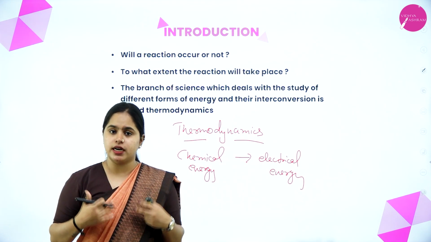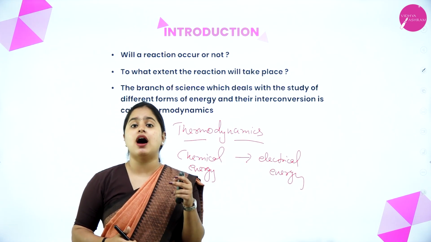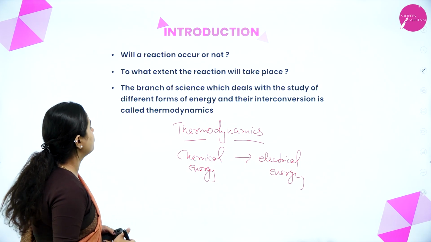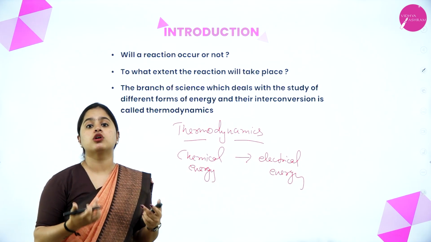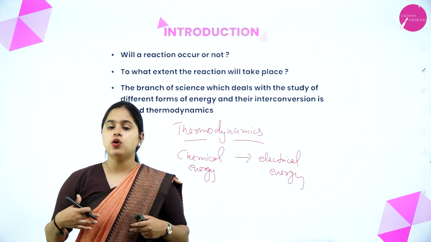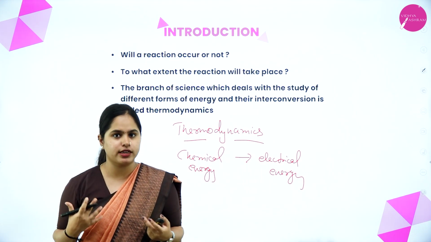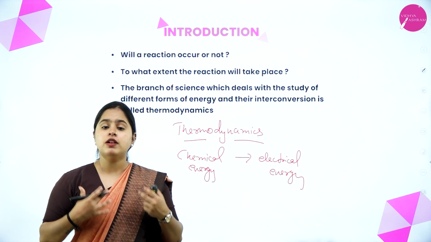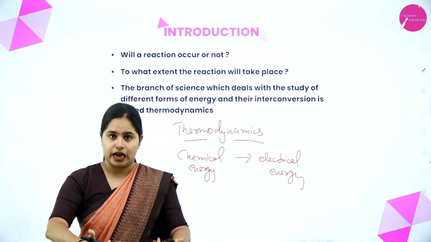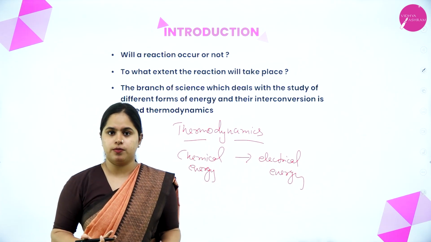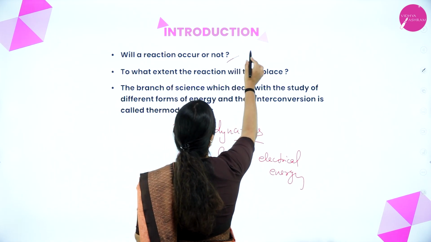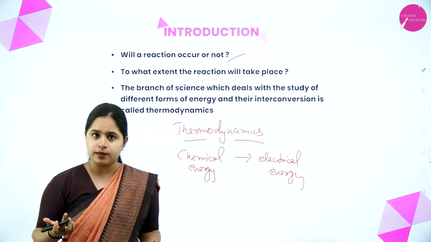And once we are studying about thermodynamics, we get the answers to two questions as well, right? Will a reaction occur or not? Right, so we know that chemistry is about chemical reactions and the reactants and products and everything, right? So we will get to know about whether a reaction will take place or not. Yes, you will get the answer for that from thermodynamics, right?